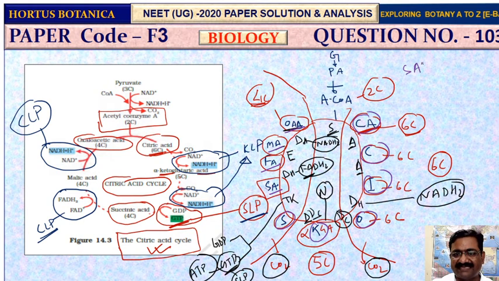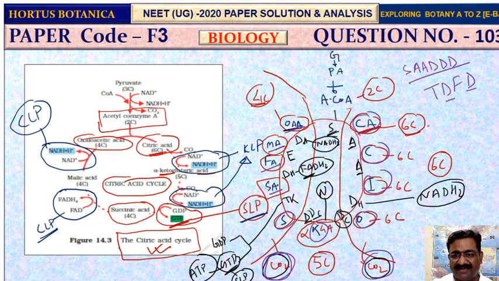Enzyme is SAADDD, SAD, TDFD. Okay, so the D is either dehydrogenase or decarboxylase, right? So twice we are going to execute decarboxylase, and you are finding D 4 times, right? Now thrice again we form NADH2, once FADH2.